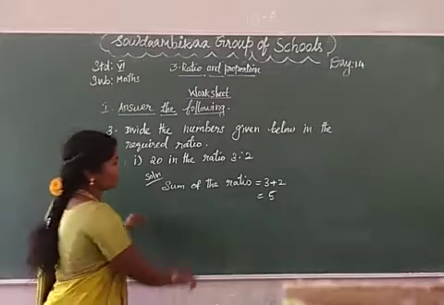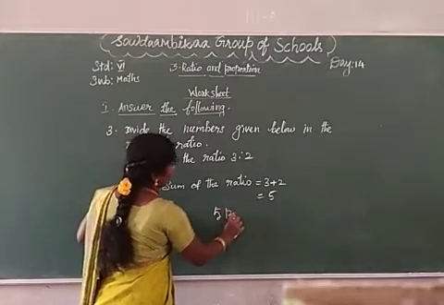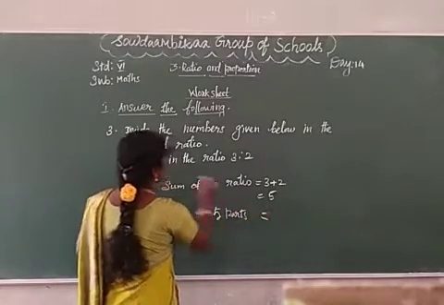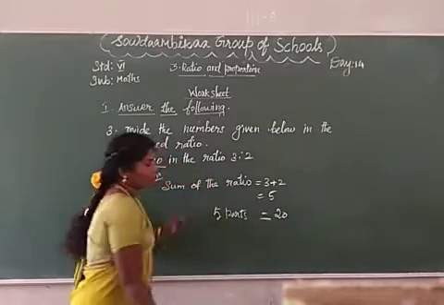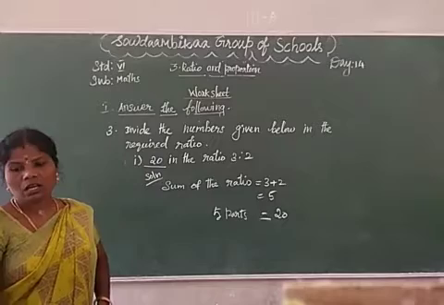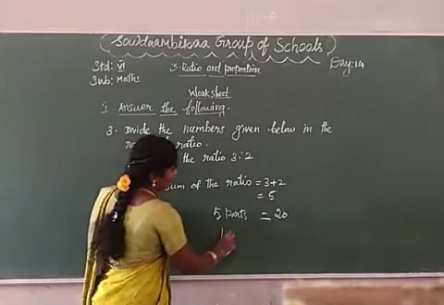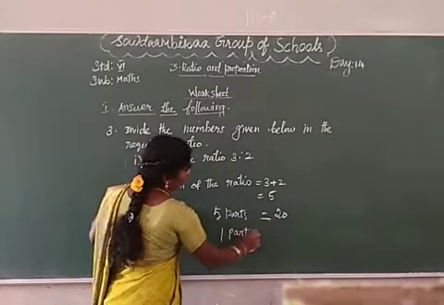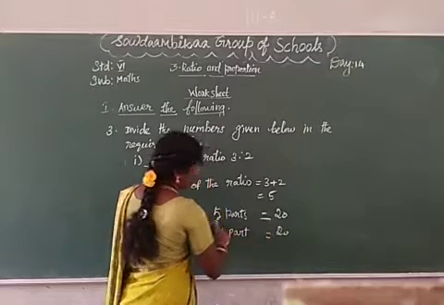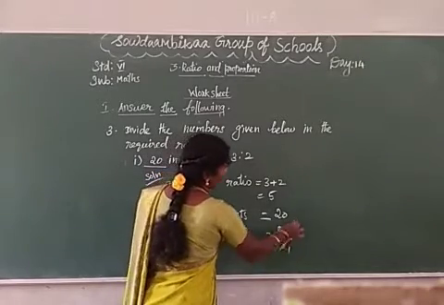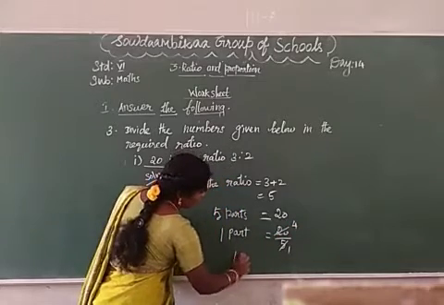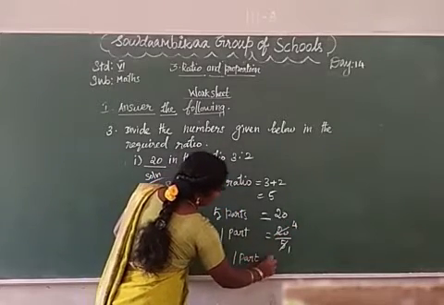Okay, the 5 parts. 5 parts equal to the given 20. Now find the one part. 20 divided by 5. 1 5 is 5, 4 5s are 20. So 1 part is equal to 4.